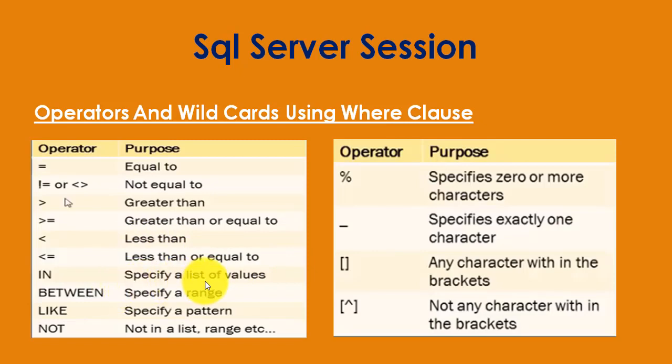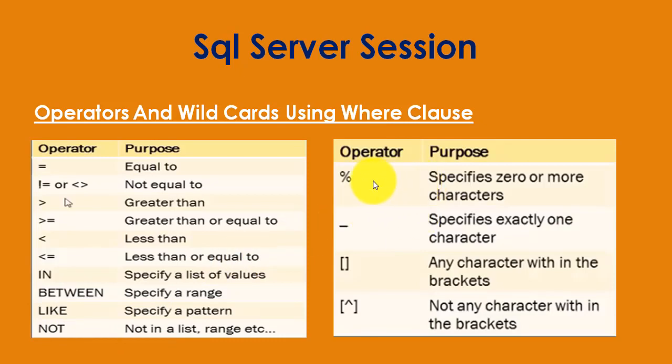Specify a list of values using the IN operator. Specify a range using BETWEEN. Specify a pattern using LIKE. Not in a list or range using the NOT operator. You can also use NOT LIKE or NOT IN.